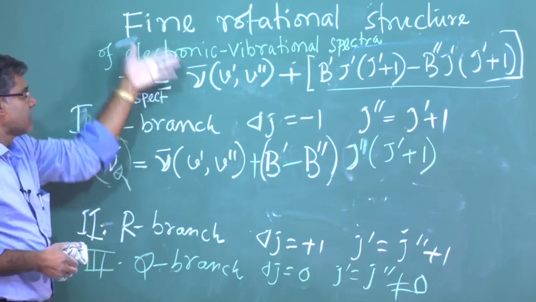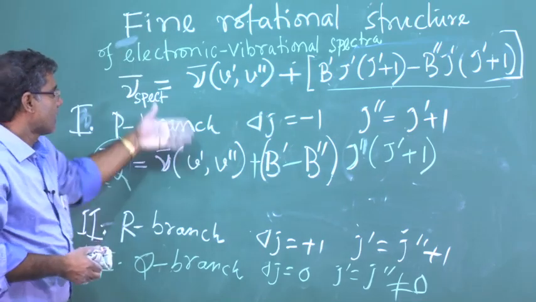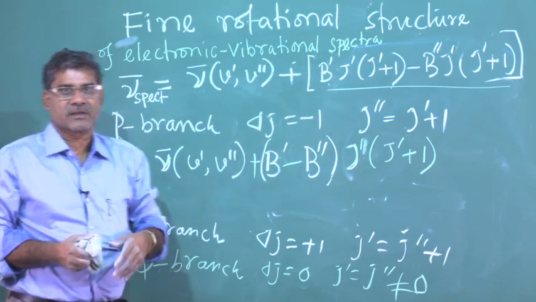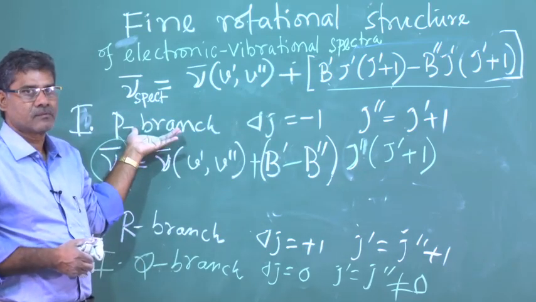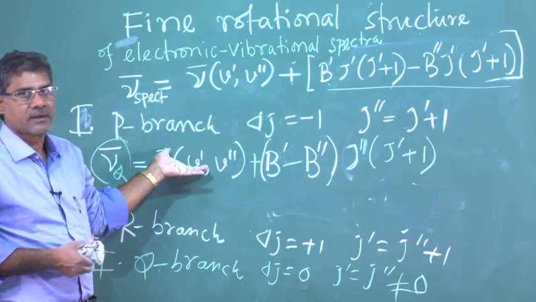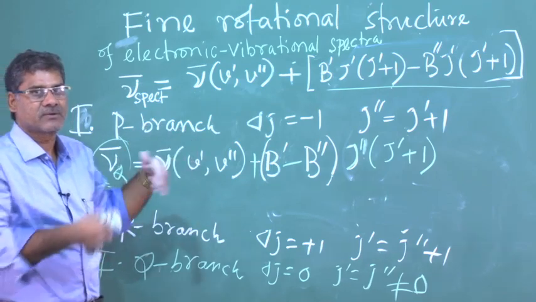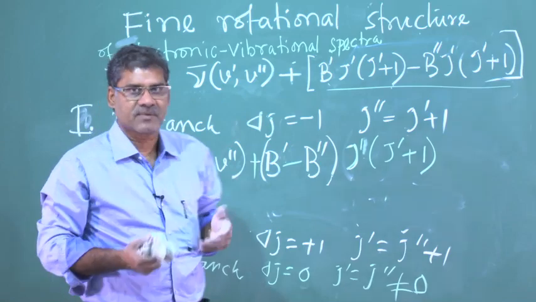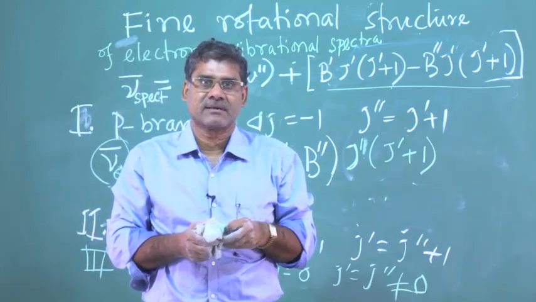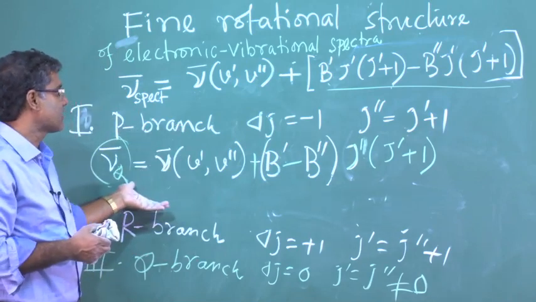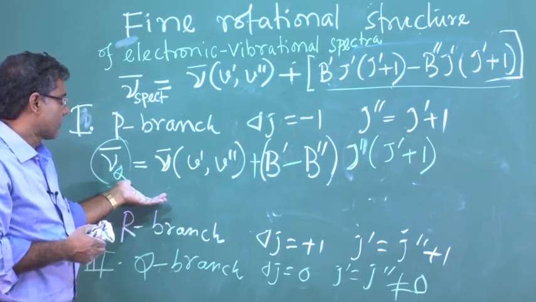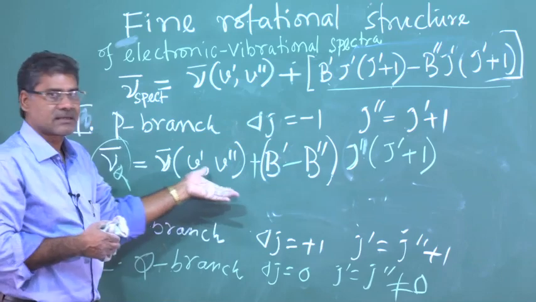So, in this case, in the fine structure, the rotational structure, you will get different branches, P and R. It is similar to the pure rotational spectra we have seen, but there is a slight difference in the selection rules.